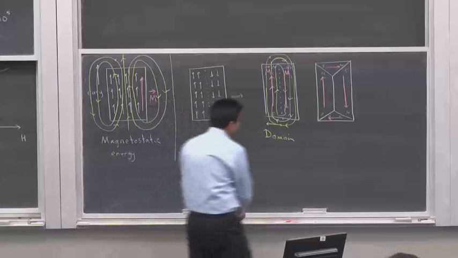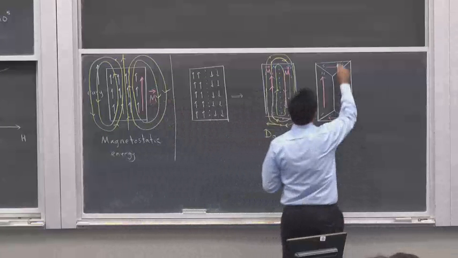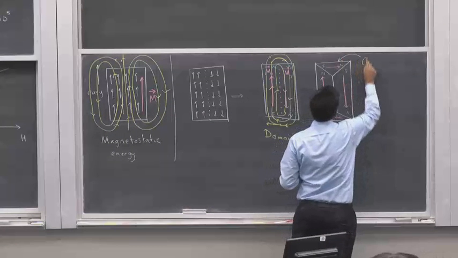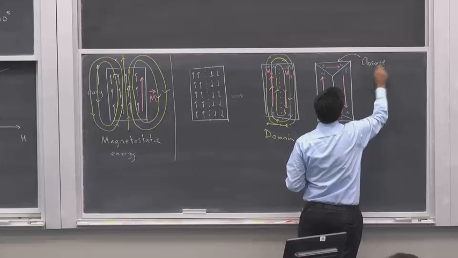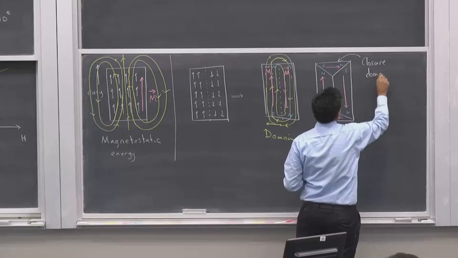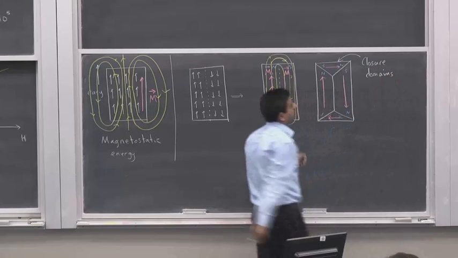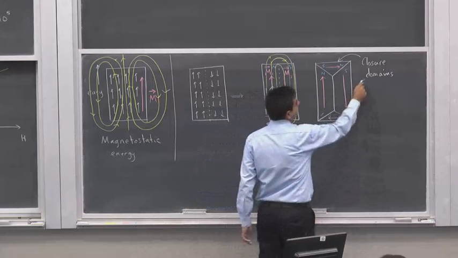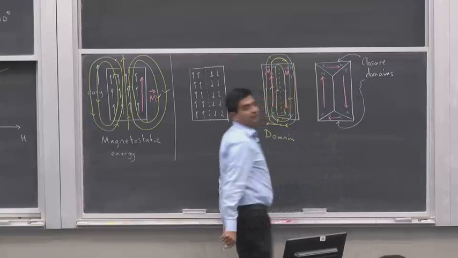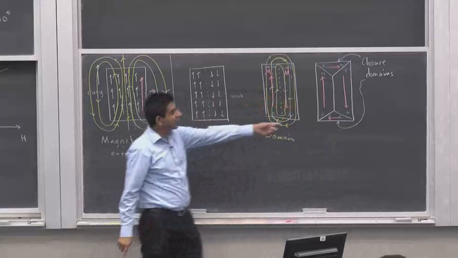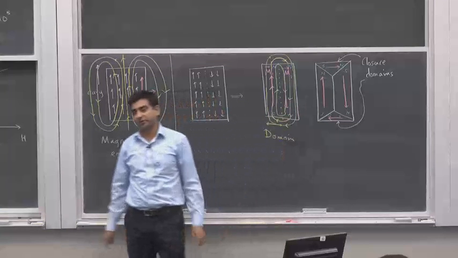And the domains that are drawn at the top are generally called the closure domains, because they close the flux. So this is energetically an even more favorable situation.